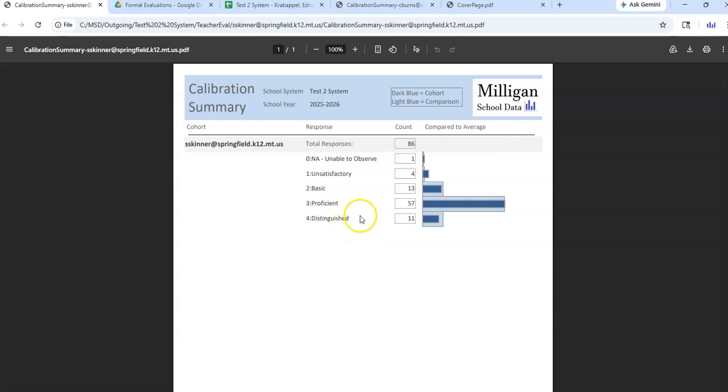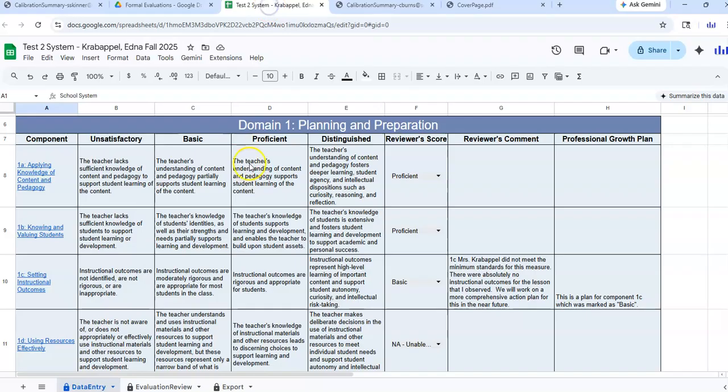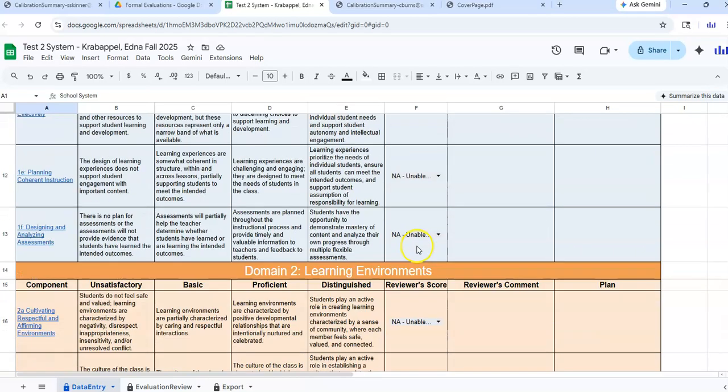So what this report describes is how you, as an evaluator, evaluated the cohort of teachers that report to you. Just as a review, this is a fake teacher evaluation where you can see that there are multiple components, and then you as an evaluator get to say that they were proficient, basic, unable to observe, distinguished, and things like that.